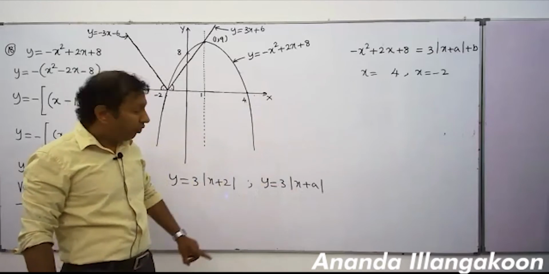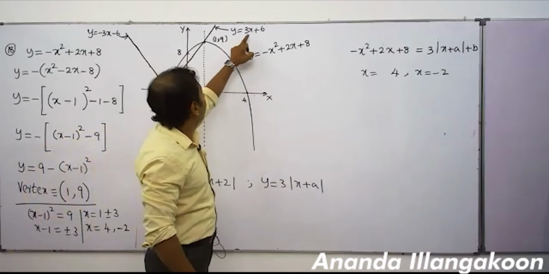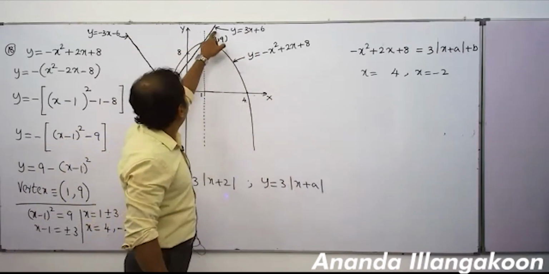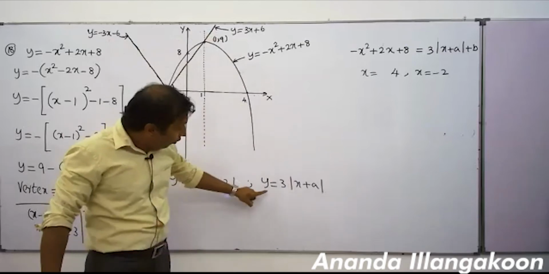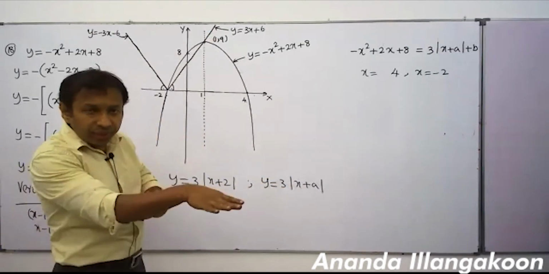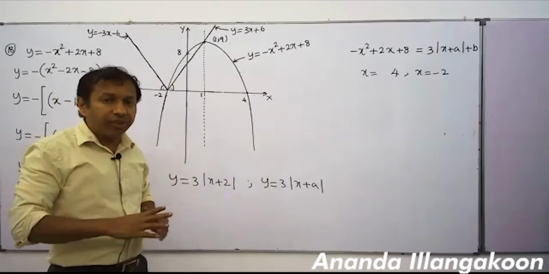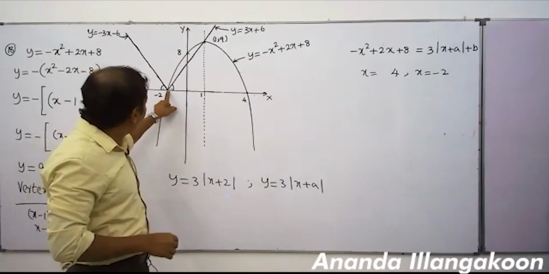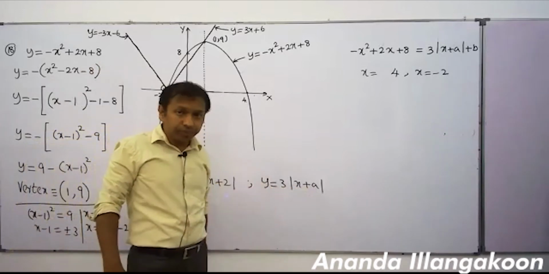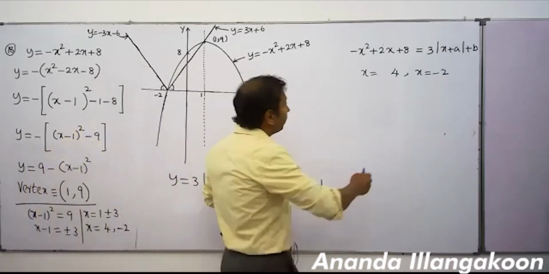Why? When you define this mod x plus A, the x coefficient will not be changing for this one and this one. Therefore, for this graph also, people, the right hand side part has the gradient plus 3, the left hand side part has the gradient minus 3. This vertex will be changing because x is added there. And here plus b we have.